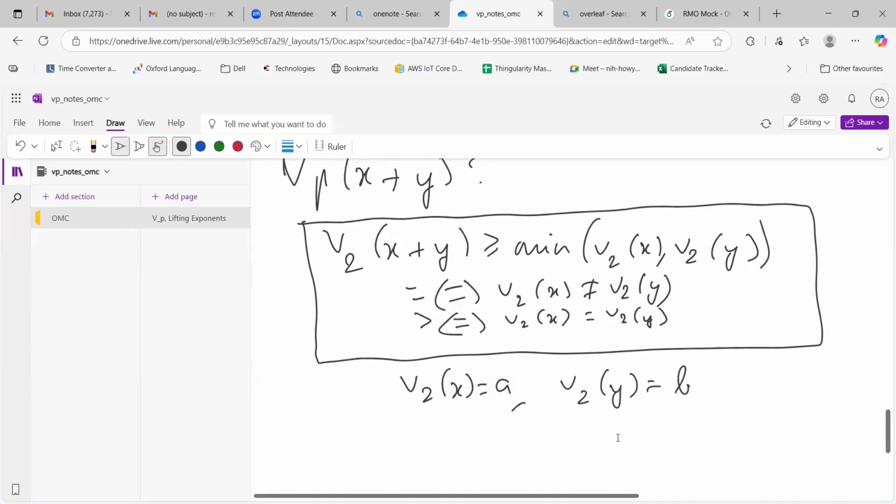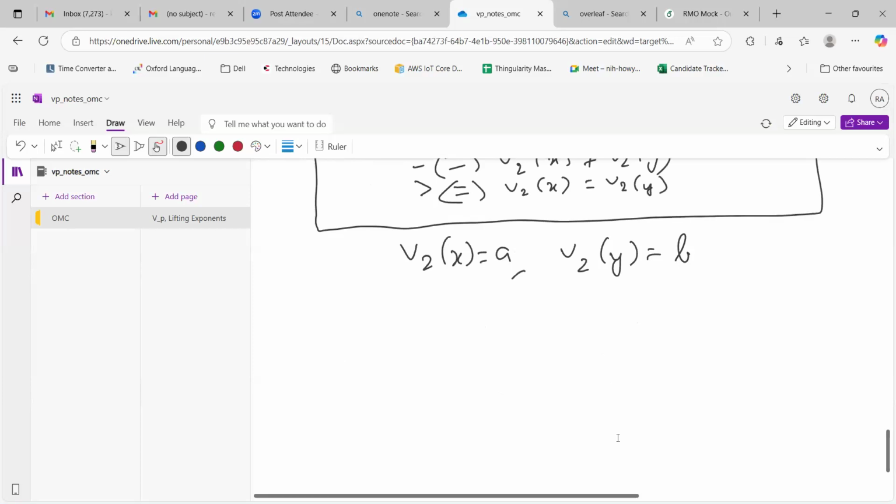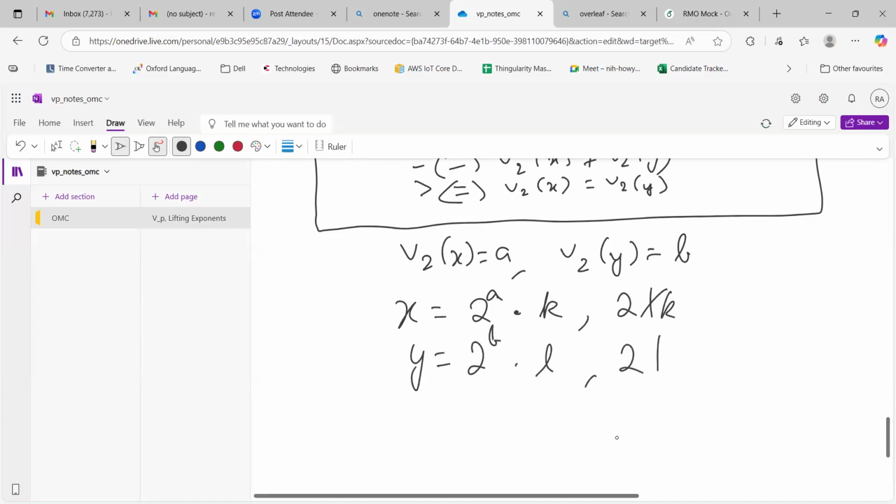This is the simple stuff, the thing everyone would do. So x would be equal to 2 power a times k, where k is an odd number, and y would be equal to 2 power b times l, where l is an odd number. Okay, and in case 1, let's assume that a is not equal to b.